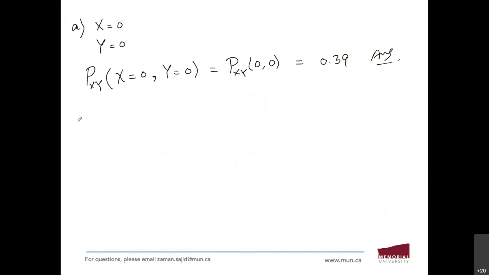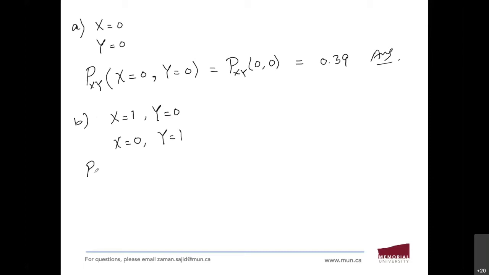Now in part B, he was asking that there is exactly one error. So that means when x is equal to 1, y is equal to 0, and when x is equal to 0, y is equal to 1. I'm interested in finding two joint probabilities here.